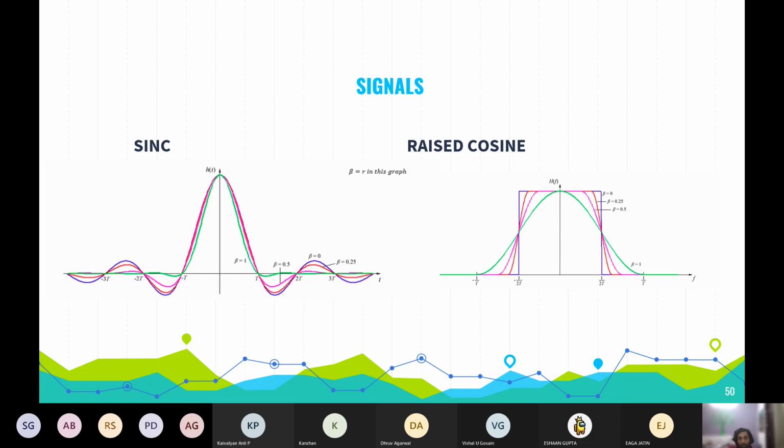And this rule applies vice versa also: if the bandwidth is limited in frequency, then the inverse Fourier transform would be unlimited in time.